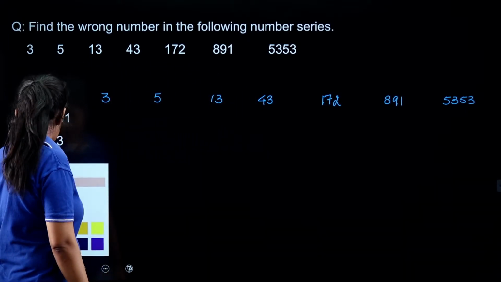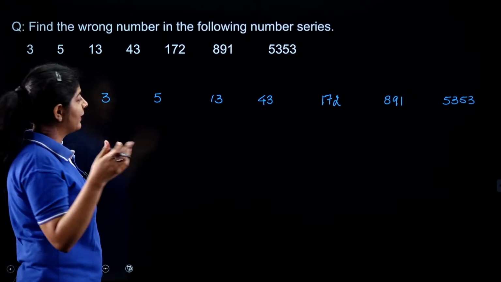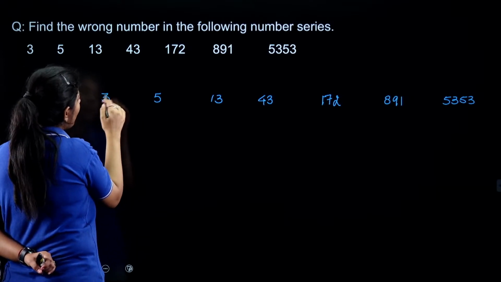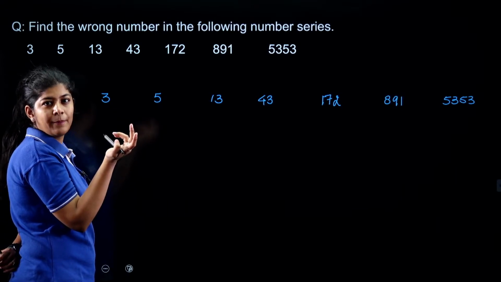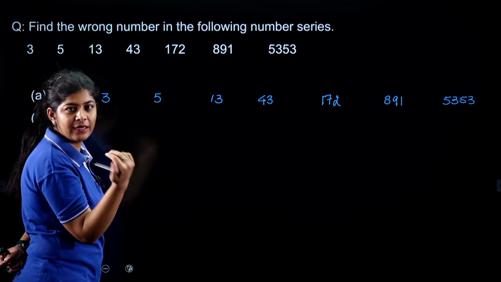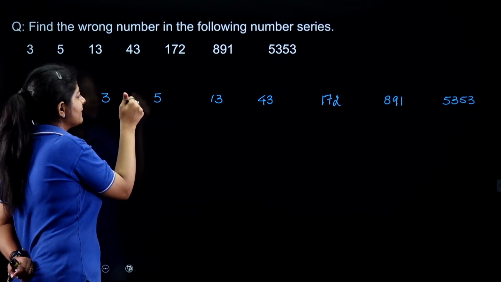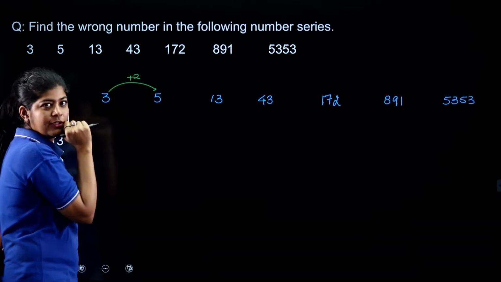Okay, this one is also an easy one. Here again we need to find out the odd term, or we can say the wrong term. If I want to convert my 3 into 5, I can add 2, or multiply it by 1 and add 2. Initially I thought if I add plus 2, I'll convert it into 5.